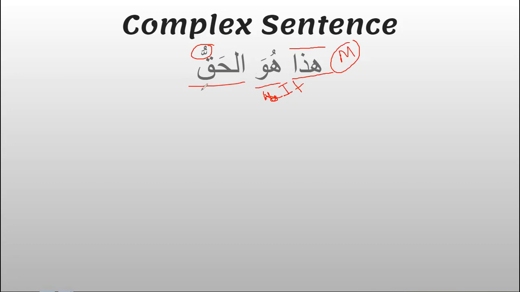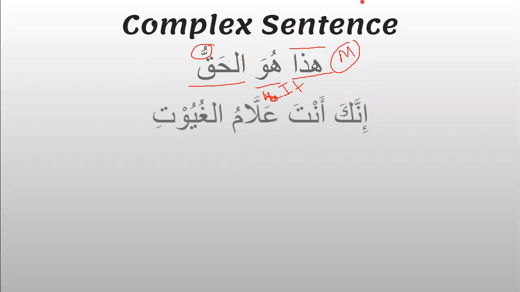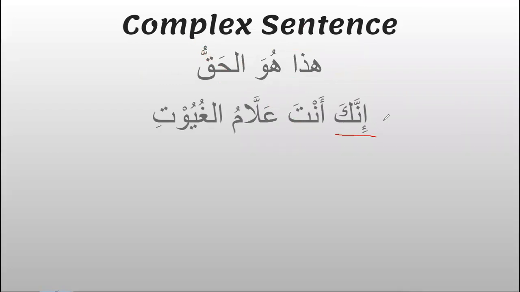Okay, if you see another example, then it will be more clear, inshallah. Let me give you another one. See the word innaka. What is inna? Harf nasab, right? And what is ka? You. So innaka is our mubtada. Harf nasab with its victim is the mubtada. Indeed you. What is anta? Also mubtada. Also you, right?